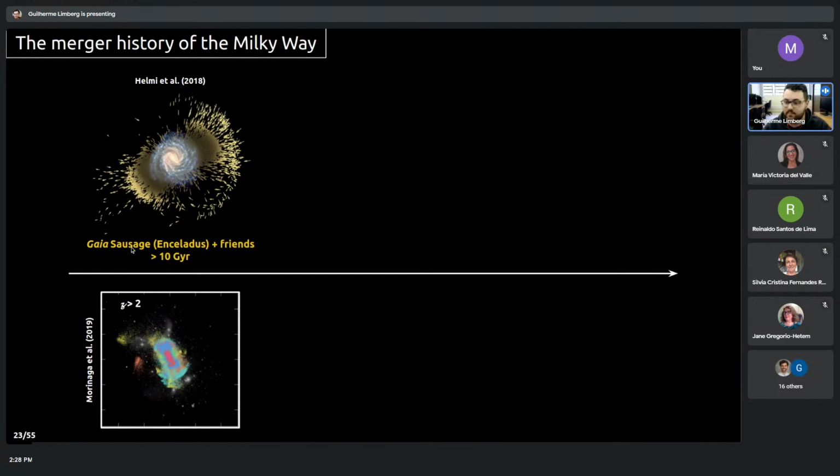But this merger with Gaia-Enceladus was the last significant accretion event experienced by the Milky Way, significant in the sense that it produced a lot of transformation in our galaxy. And the debris of this accretion event should be very well mixed with the Milky Way, as shown here by this redshift greater than 2 snapshot in the simulation of a Milky Way mass galaxy. The debris of this massive dwarf galaxy is scattered all around the halo of our Milky Way.